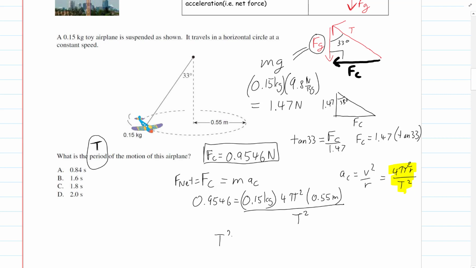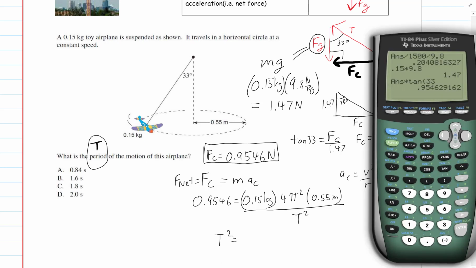So T squared is going to equal, pull out our calculator, 0.15 times 4 times pi squared times 0.55, and then I have to divide it by that centripetal force.